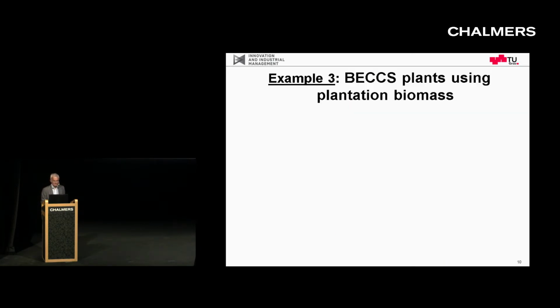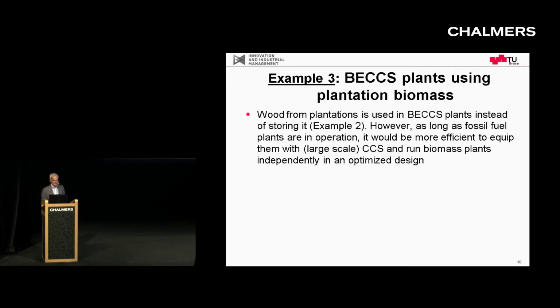Example 3, BECCS plants. I guess that's the most mentioned word in this conference, BECCS plants, using the plantation biomass that I was introducing in example 2. The wood from plantation is used in BECCS plants instead of storing it.